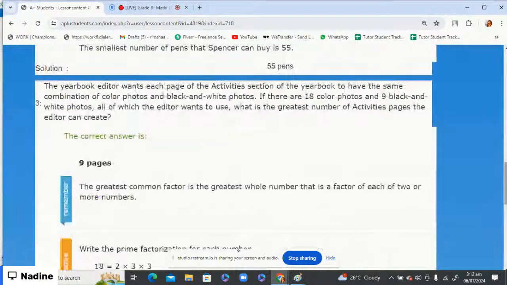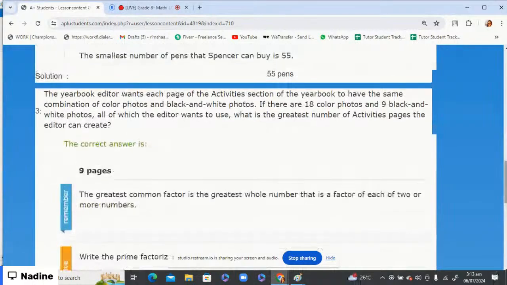Now, the yearbook editor wants each page of the activities section of the yearbook to have the same combination of color photos and black and white photos.